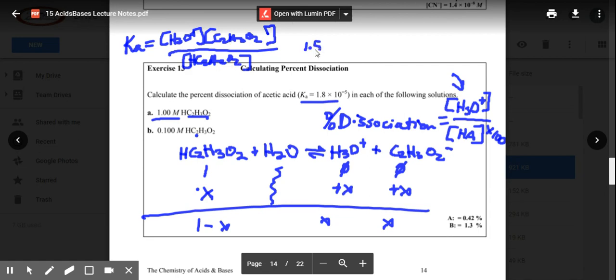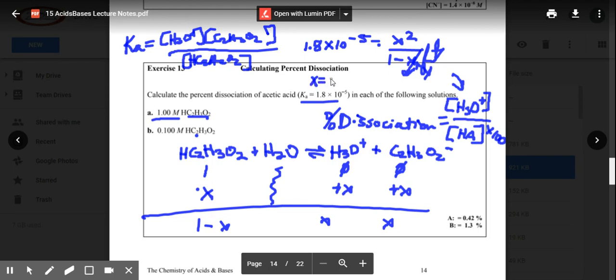So we get 1.8 times 10 to the negative fifth equals x squared over 1 minus x. Also for this, yes, we get to neglect x. So I'm going to take this number times 1, which is itself, take the square root, and you end up getting 0.0042 is equal to x.